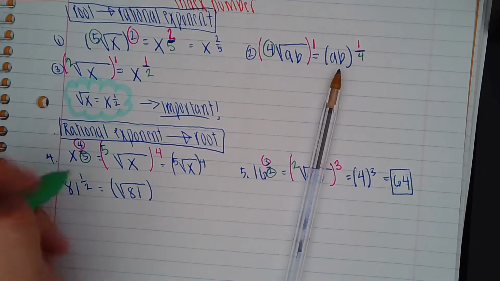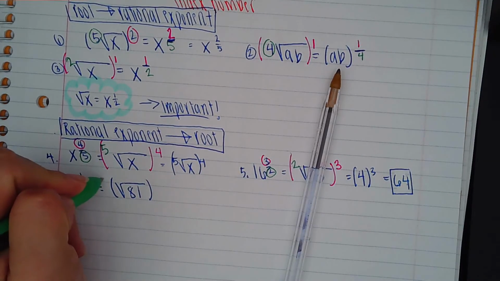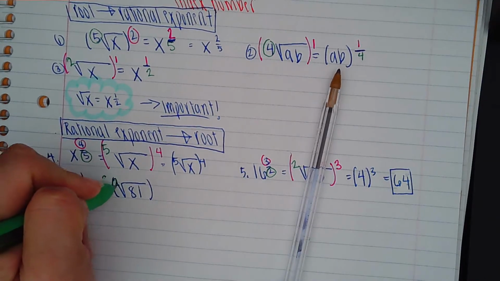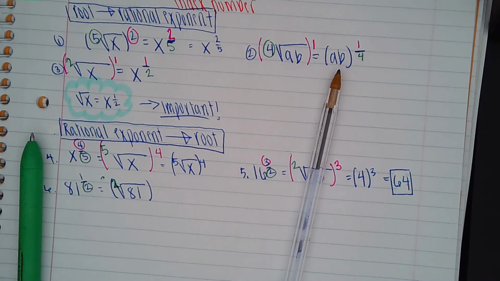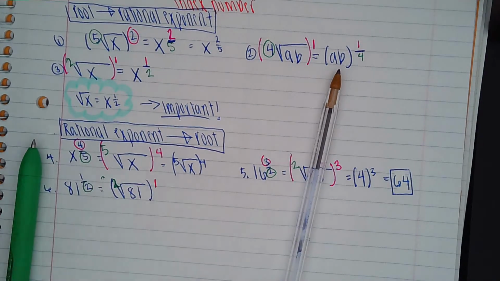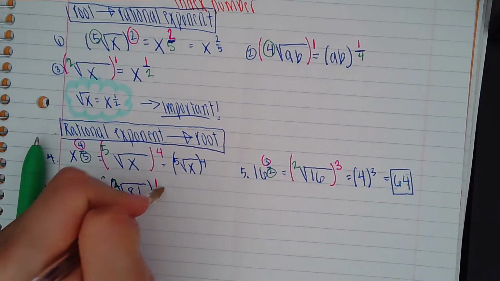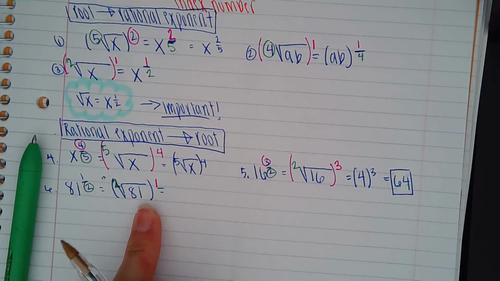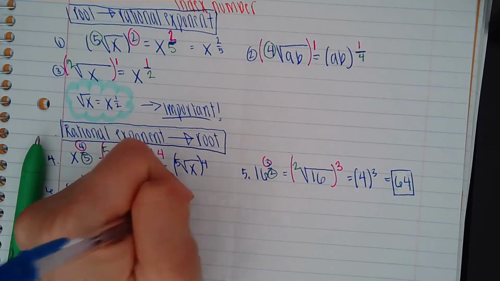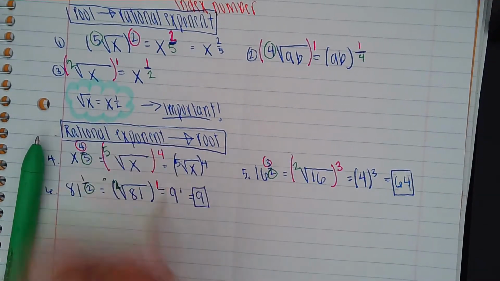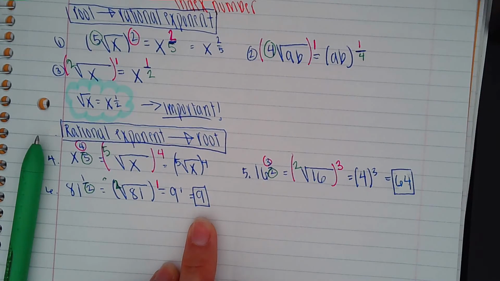And I'm going to see that it's going to be the square root, right? And I'm raising it to the 1st power. Well, if we take the square root of 81, that's simply 9. And 9 to the 1st power is 9. So we would know our answer is 9.